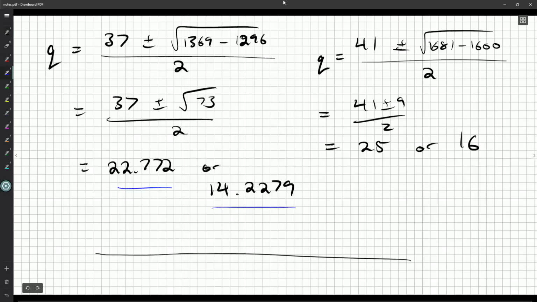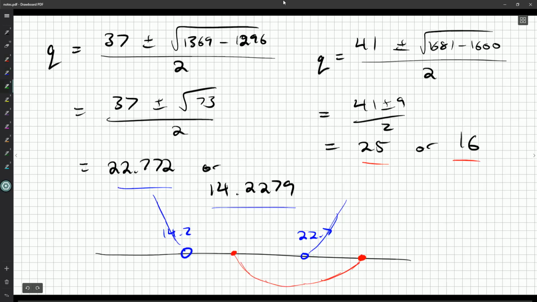Okay, so in terms of that number line, these two roots that I want to be bigger than, so I got, say, 14.2 here, and I've got 22.7 in that one parabola. I just care about q values that are bigger, or that give me something above the x-axis. And so for this one over here, we've got 25 will be somewhere up here, 16 will be somewhere up here, and we want values of q where the parabola is below, so we want things in between.